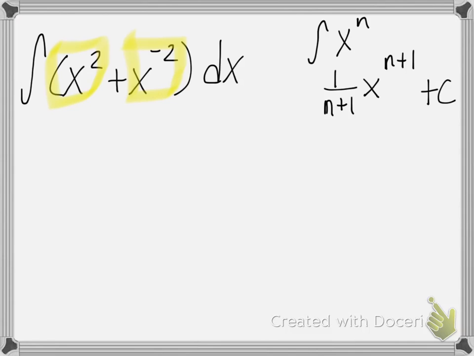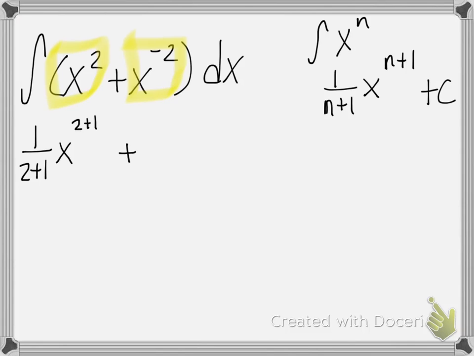Alright, so now whenever we go to integrate that, we're just going to have 1 over 2 plus 1 times our x to the 2 plus 1. And in this case, the 2 is our n. So there's that first part.